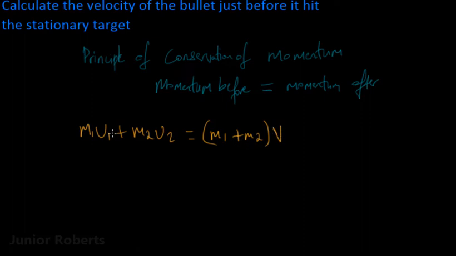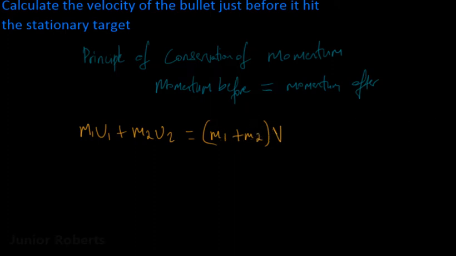So the mass of object 1 times its velocity plus the mass of object 2 times its velocity is equal to the mass of object 1 plus the mass of object 2 times the combined velocity of both.